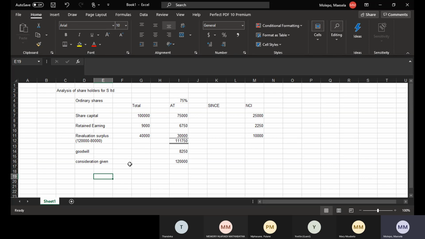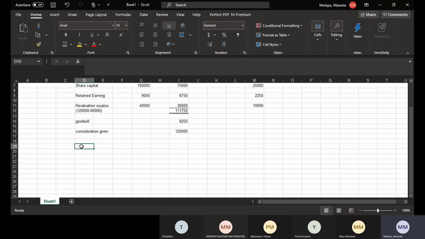Then we proceed further. Our acquisition date was on 1 January. So from 1 January, since acquisition to the beginning of the current year.